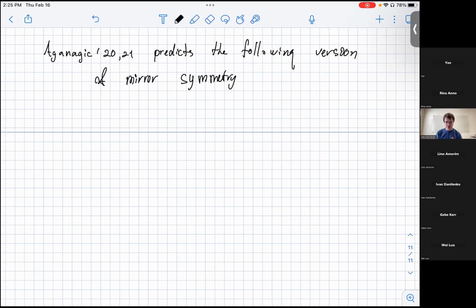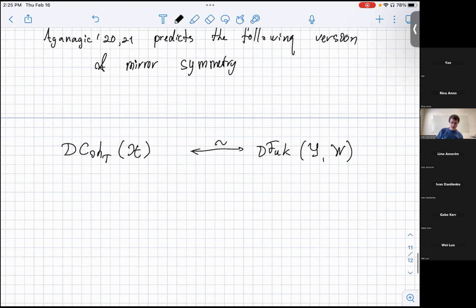The category I care about, the derived category of coherent sheaves on the big space, is mirrored, is equivalent to a version of the Fukaya category on some space with a superpotential. And recall that we wanted to find another category here.